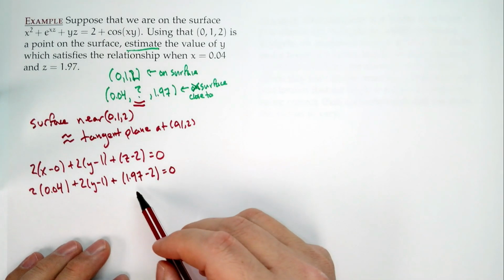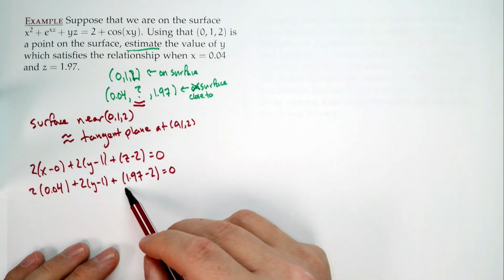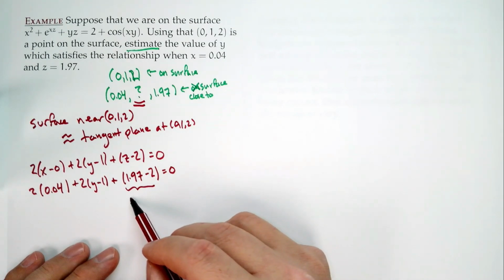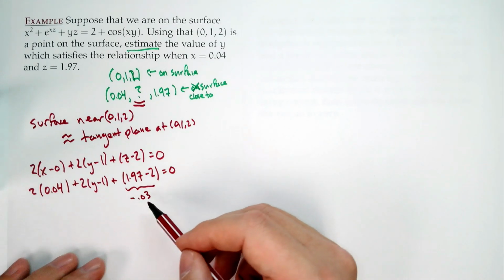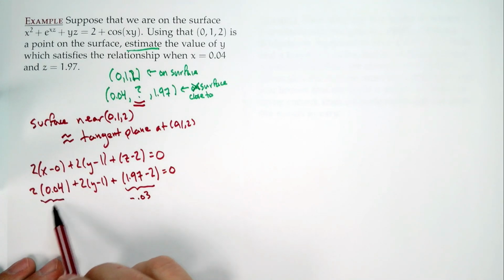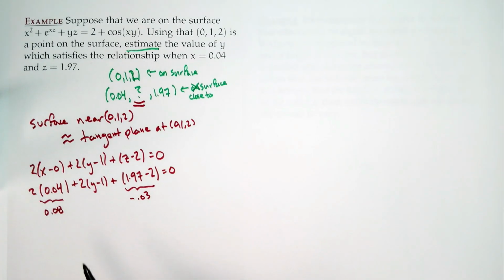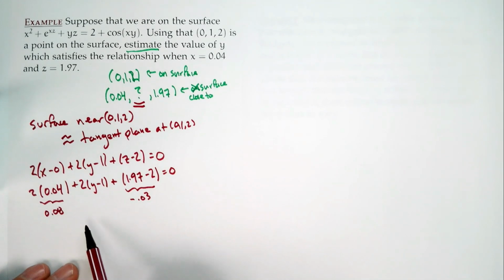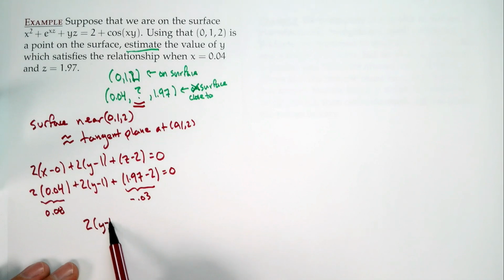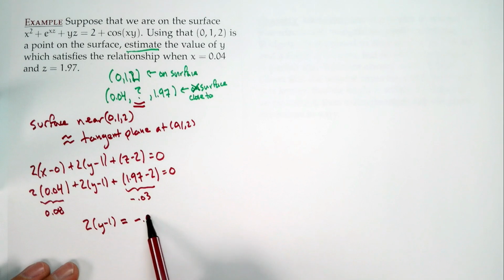Now 1.97 minus 2 turns out to be negative 0.03. So what we have is 0.05; move it across. So 2 times (y minus 1) is negative 0.05. And divided by 2, that says y minus 1 is negative 0.025.